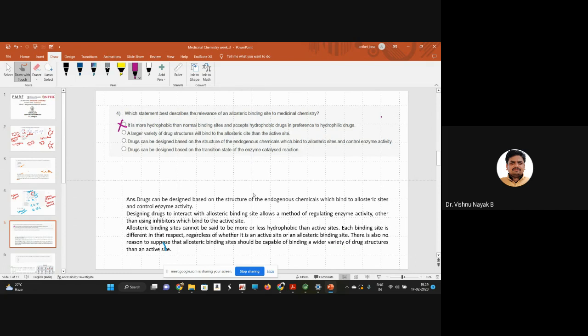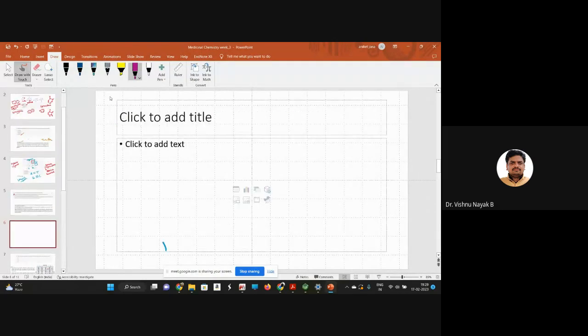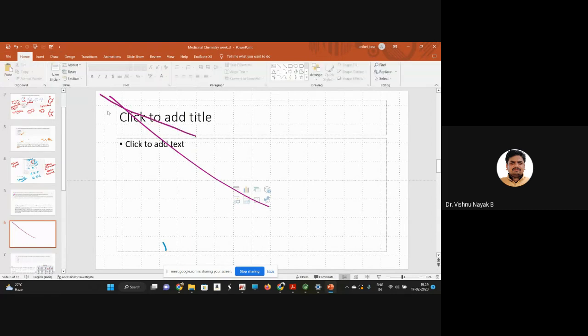So some drugs will bind at the allosteric site and will change the conformation in the active site. So it is like an agonist, you can say. Sorry, antagonist. Maybe it is antagonist, but I don't know, sir, exactly.